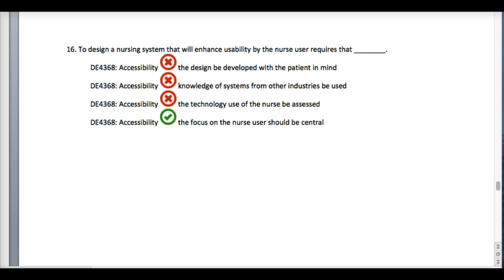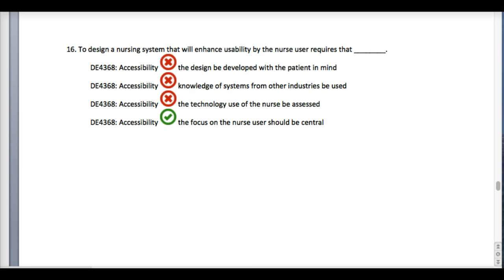The technology use of the nurse be assessed. Though we certainly want to, when we're implementing systems, know what the technology knowledge of staff are. This is not going to be a key driver in terms of usability. The focus on the nurse user should be central.